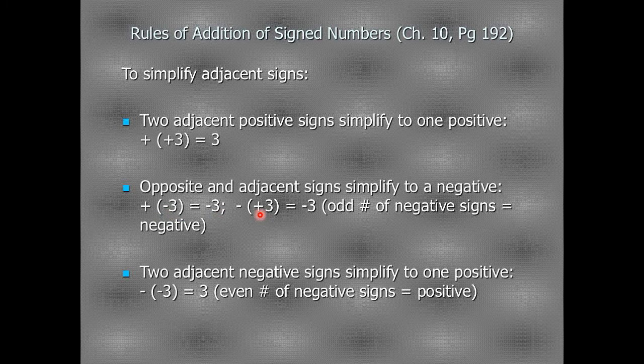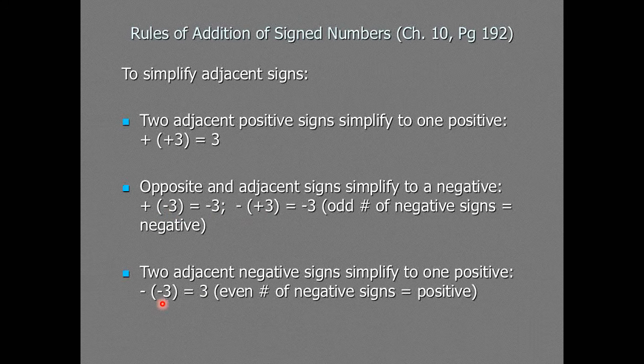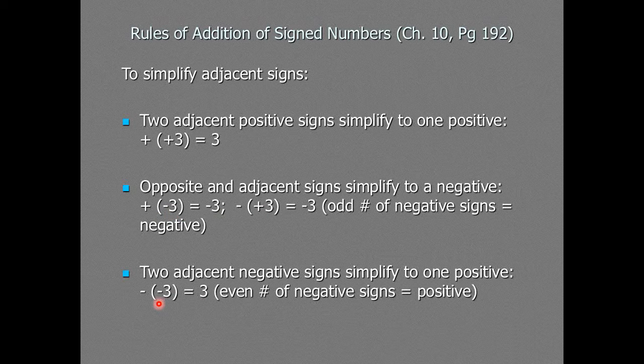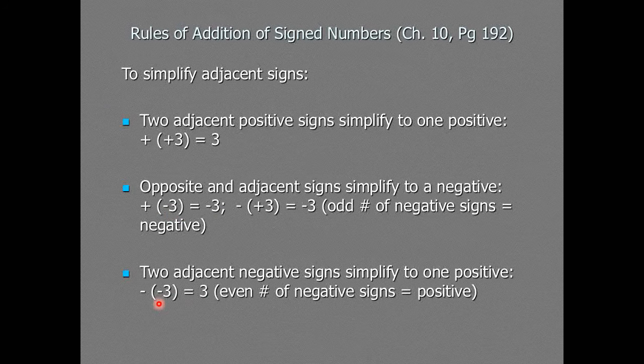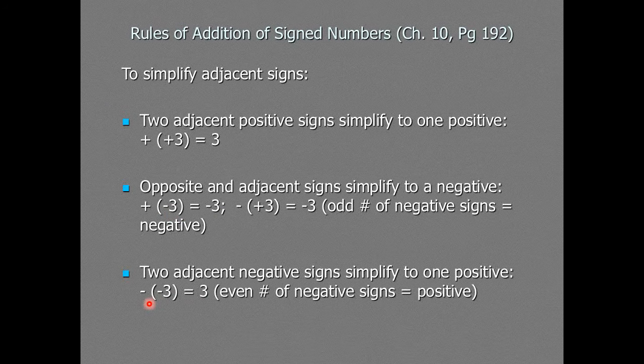Or minus plus is negative, meaning if we have negative and positive. But if we have negative signs, we just see how many negative signs we have. If we have an even number of negative signs, it becomes positive. So for example, two negative signs becomes positive, right?